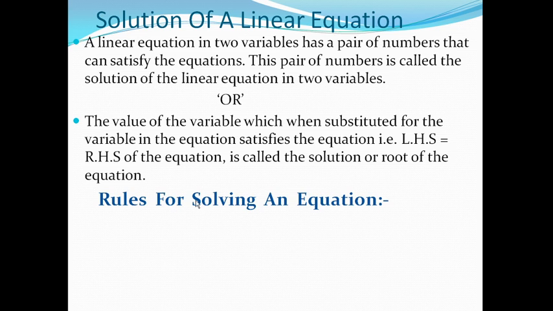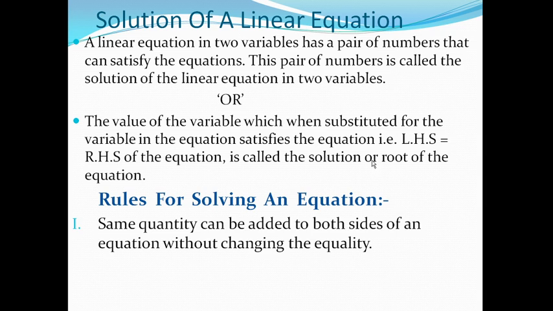Now what are the rules for solving an equation? First, the same quantity can be added to both sides of an equation without changing the equality. Since the equality sign is there, as in the standard form ax plus by plus c equals 0, we can add the same quantity to the left hand side as well as the right hand side without changing the equality.